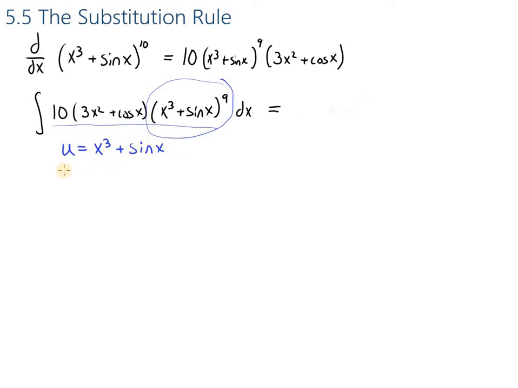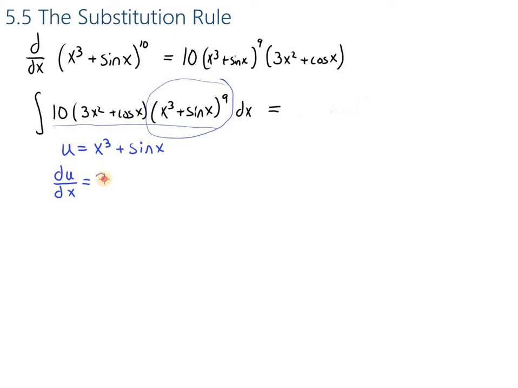And once you pick u, we also need to figure out the derivative of u. The derivative of u with respect to x. So this is kind of like a dy dx notation, except it's just du dx notation. And I don't need to look at the original problem anymore, at least for this step. I'm just saying, hey, I picked a u.